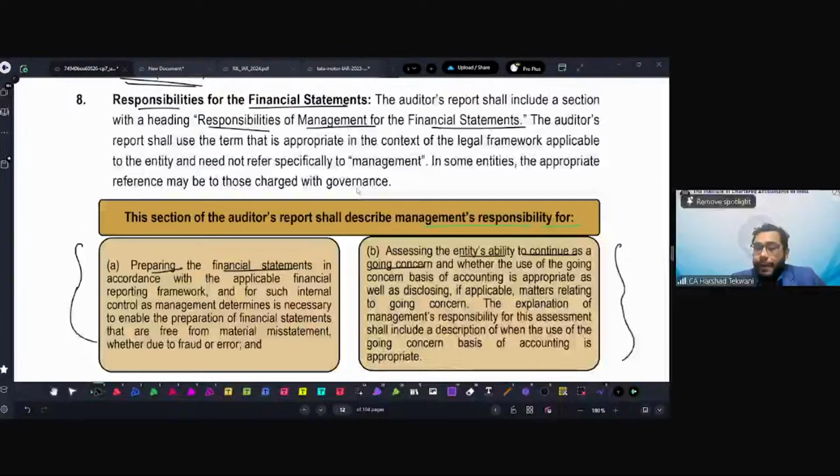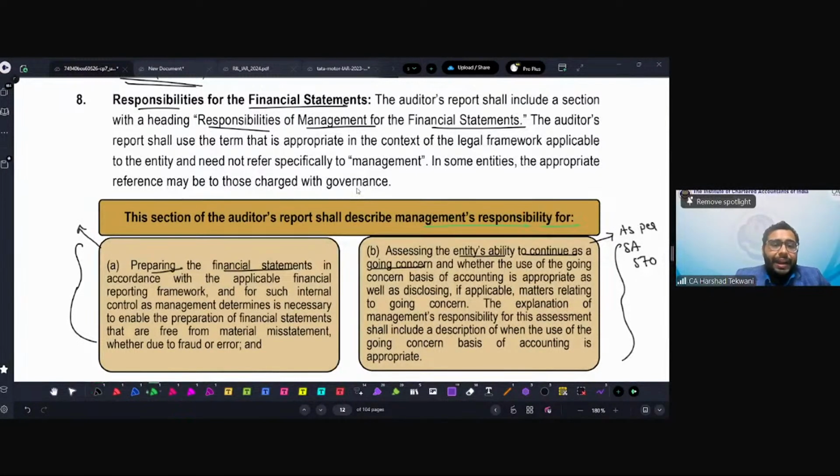Remember, this comes as per SA 570, and this is the basic responsibility. Remember the SA where we ask management to confirm this responsibility? Which SA is that? Management representation letter, I said.